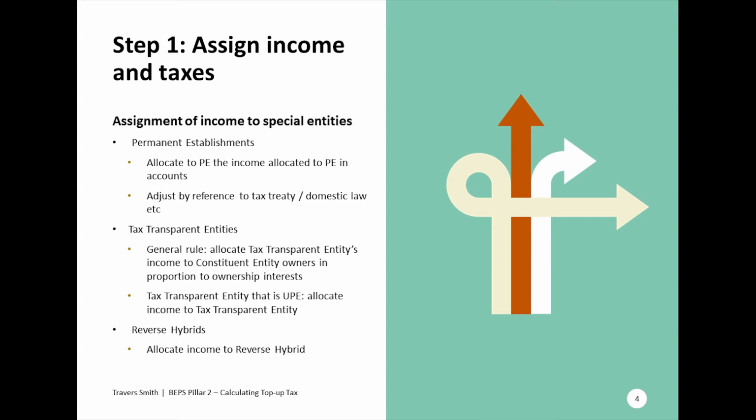And finally, reverse hybrids. This is an entity that is transparent in the entity jurisdiction but opaque in the owner jurisdiction. You would allocate the income to the reverse hybrid, not to the owner.